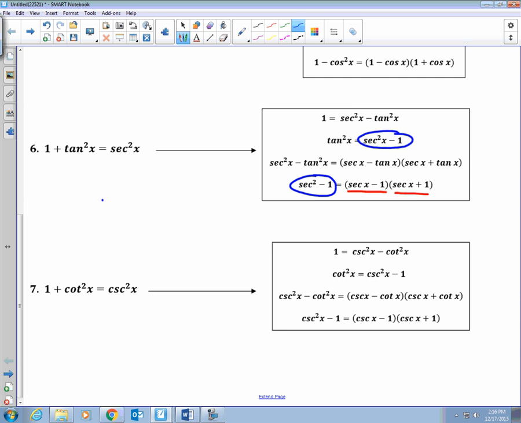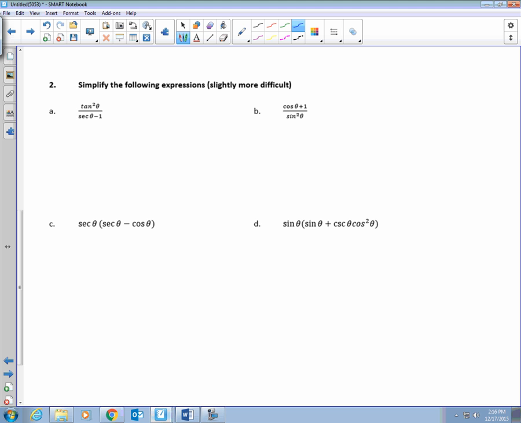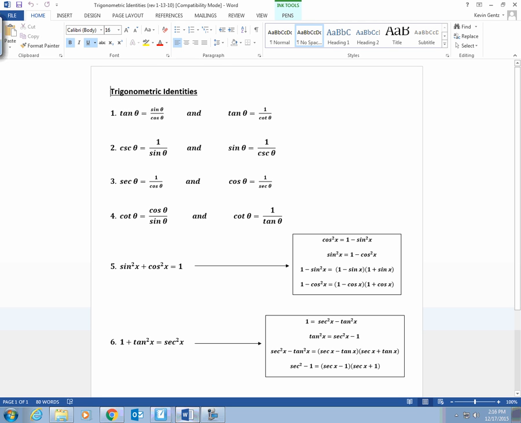I will simply use that piece. Tangent squared could be rewritten as secant squared minus 1. Now, according to our notes, how can you rewrite secant squared minus 1? Yeah, secant squared, secant minus 1 times secant plus 1.